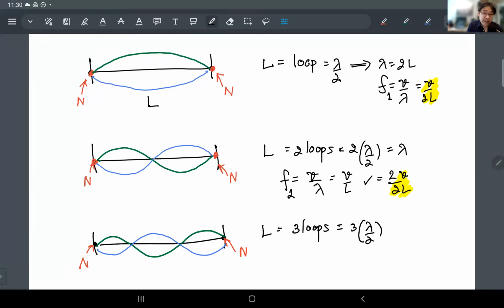And then you can probably guess the frequency you're going to get is 3 times V over 2L. It's 3 times the fundamental frequency, so you can call this the third harmonic. There you go. And it's done.